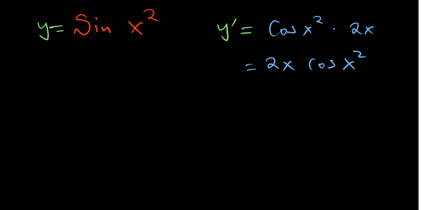So if you are to reverse it, the reversing of 2x cosine x squared is expected to be as follows. You need to look at this in a certain way.